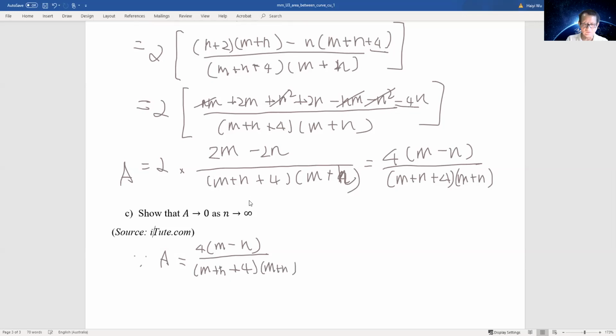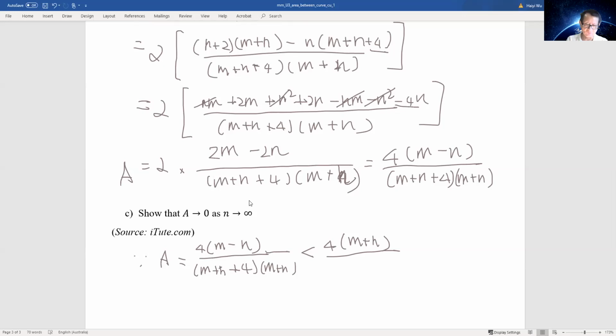So now what I'll do is, because area is this formula, I'm going to say less than, I'm going to change the top. Instead of m minus n, I change to m plus n. Because n is a positive integer, m minus n must be less than m plus n, which is common sense.